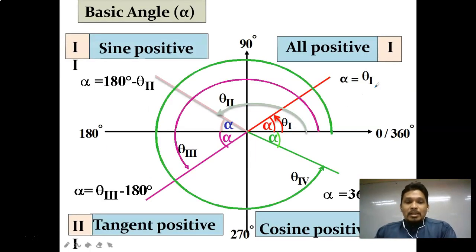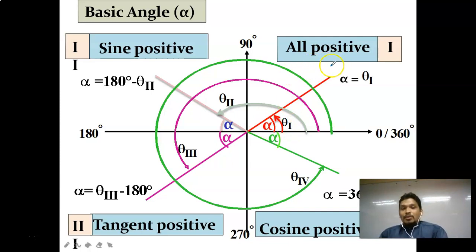Okay, so this is all the basic angle, and the big angle can be in the first quadrant, second quadrant, third quadrant, and fourth quadrant. So if the basic angle, the triangle, lies situated in the first quadrant, then the sine, cos, and tangent of alpha are all positive.